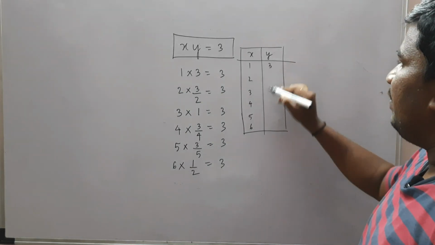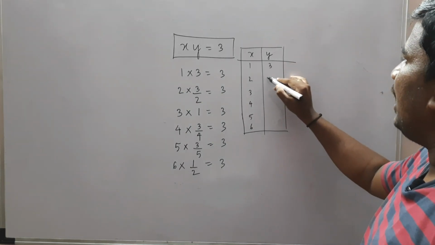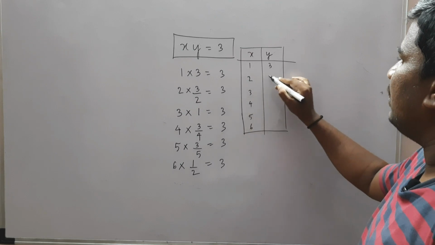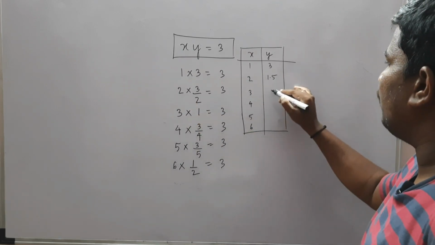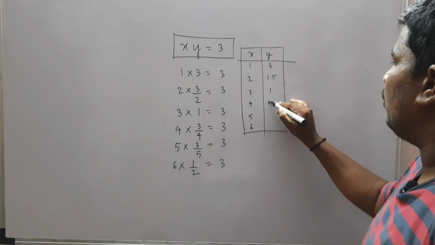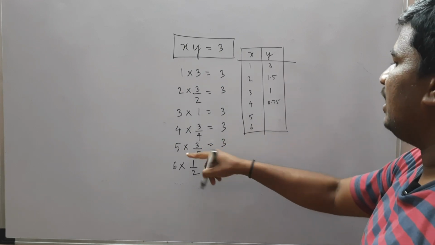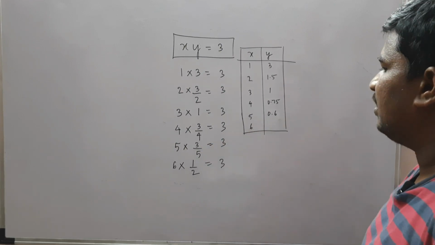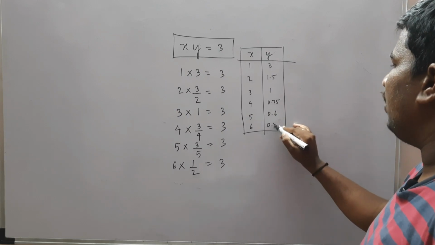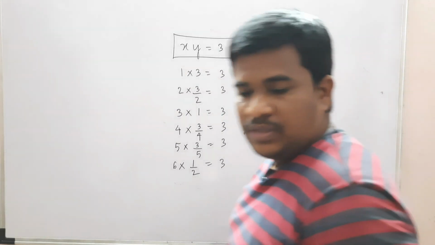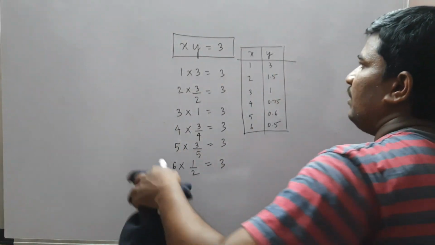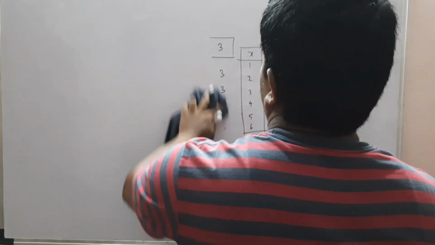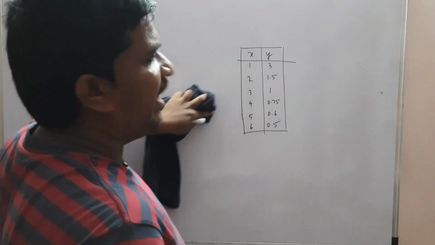So y is 3, 1.5, 1, 3 by 4 is 0.75, 3 by 5 is 0.6 and 1 by 2 is 0.5. Right, now we are ready with the values of x and y. Then I plot the graph.